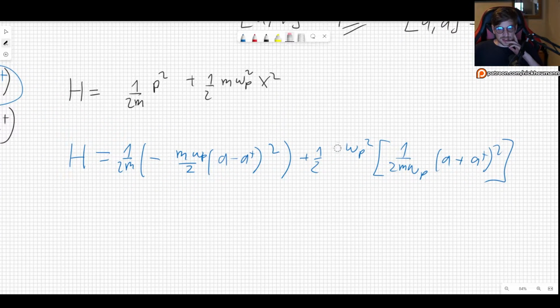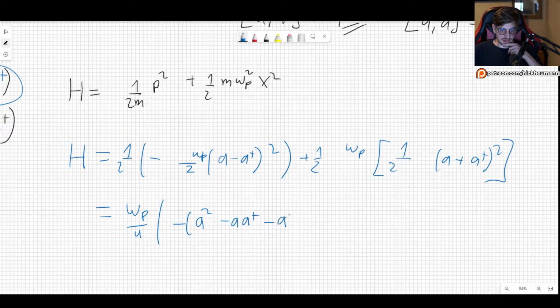And now we can cancel this m with this m, this omega with this, and here we can cancel m and m. Okay. And then we also have 1 over 4 and omega that we can factor out. So we can factor out omega over 4. All right. And then we have minus. Now let's just multiply through here. So we have a squared minus a a dagger minus a dagger a plus a dagger squared.